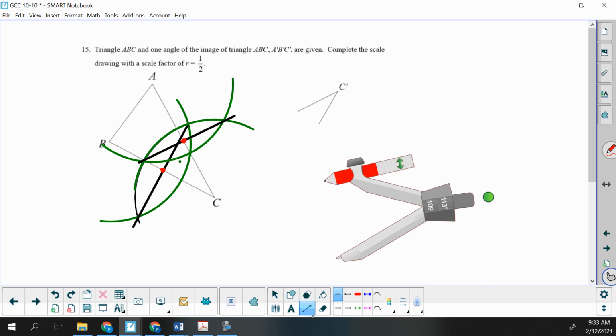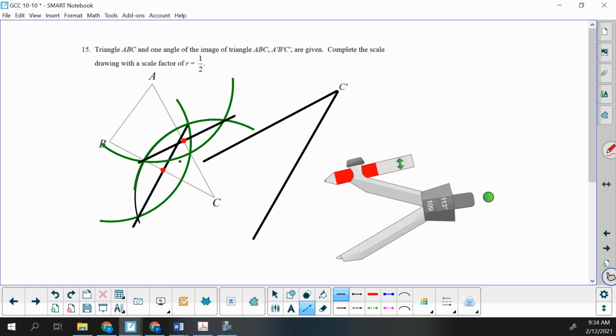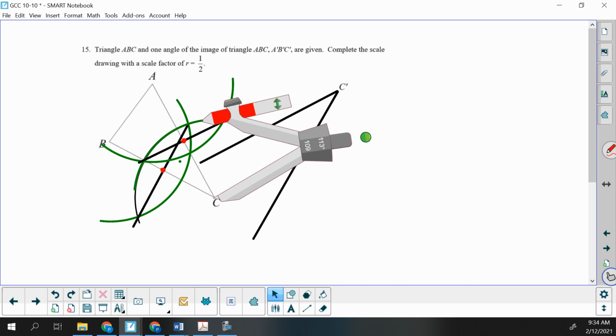So now with your straight edge, we want to extend these lines from C prime. And what we'll do is with our compass, we'll measure from C to each of our midpoints and then label them.